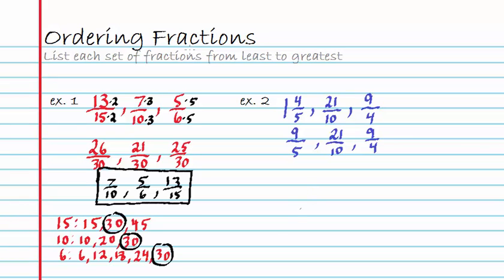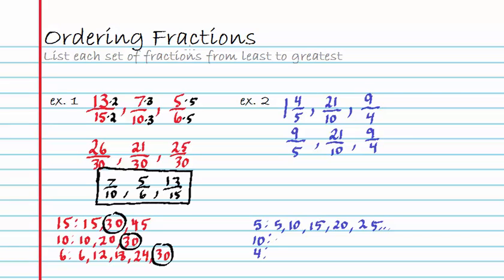But just like in our first example, we now need common denominators. So let's take my 3 denominators, so 5, 10, and 4, and see if we can figure out their least common multiple. So for 5, we have 5 times 1 is 5, 5 times 2 is 10, then we have 15, 20, 25, and I could continue this. We're going to be fine with this set of numbers.